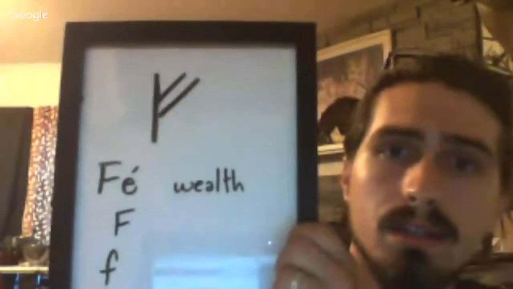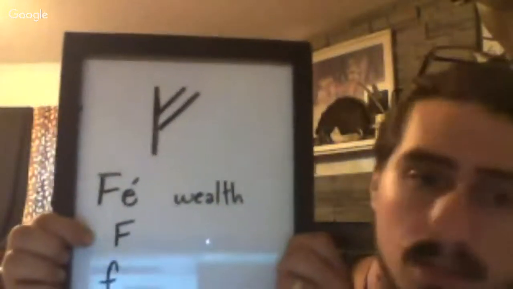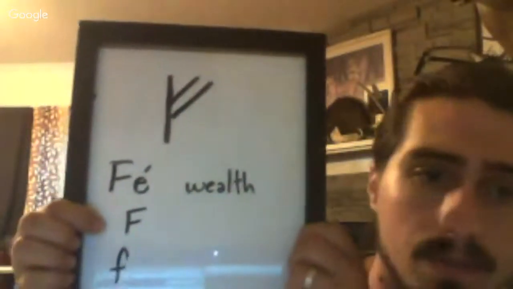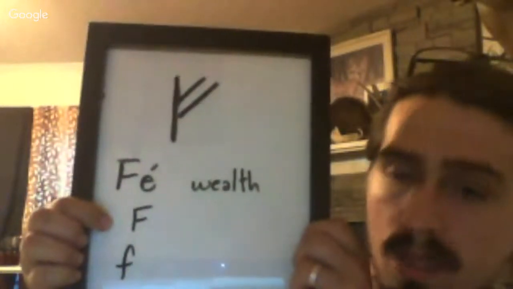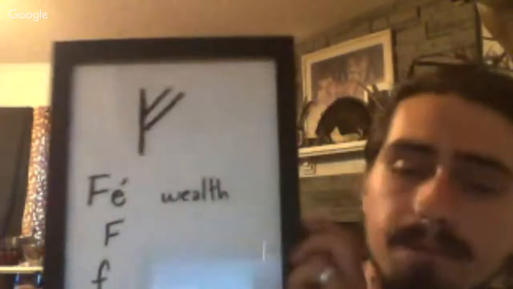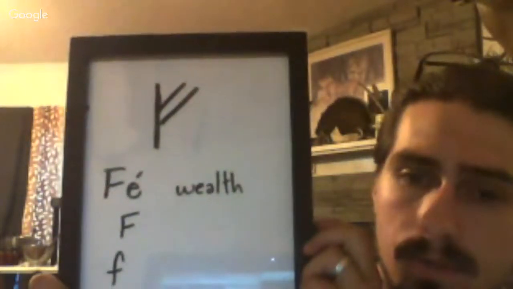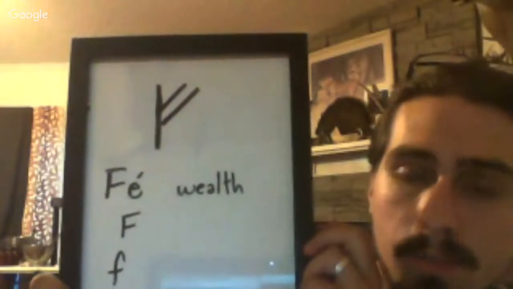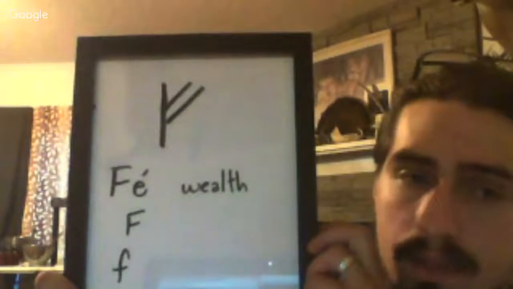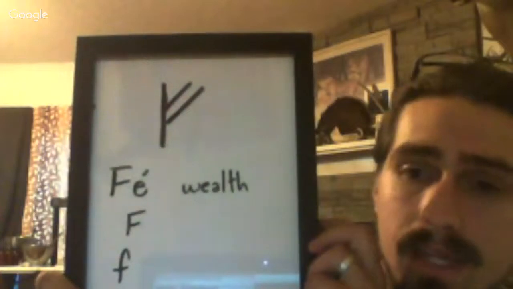The transliteration of the letter. Fehu is the name for the Elder Futhark rune. Nicole, thanks for asking that. That is actually the Proto-Germanic name, and it actually translates to the same thing.